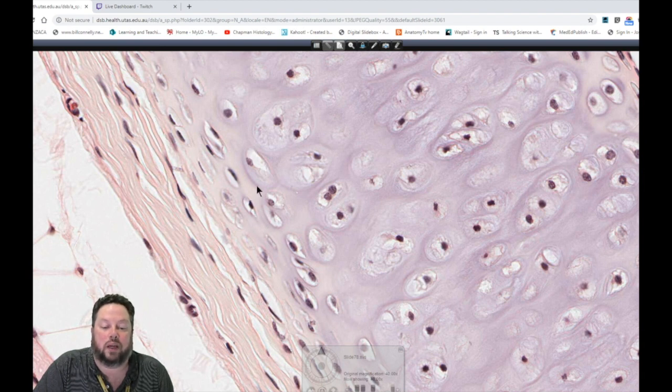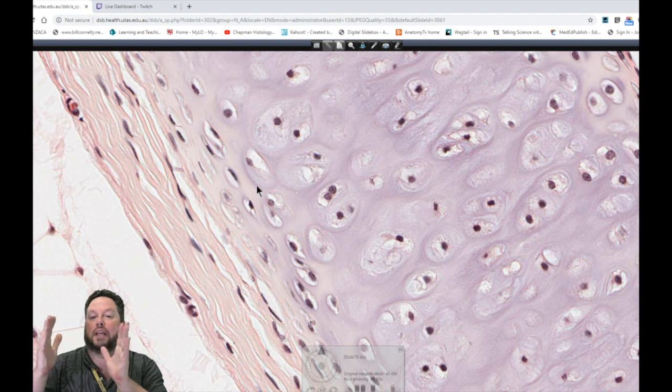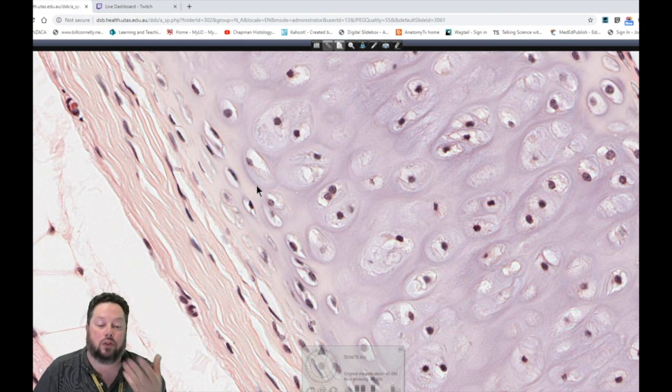And so they lay down new matrix and they actually widen the matrix from the outside. This is a special type of growth that cartilage can undergo. There's two main ways in which cartilage can grow. The way that we're talking about here is a type of growth known as appositional growth.